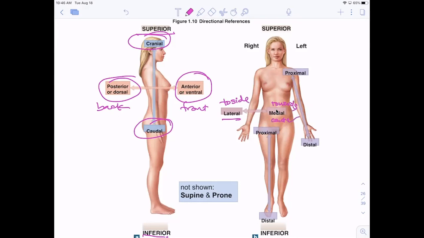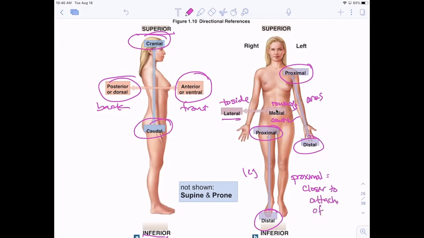When we're talking about arms and legs, we use not superior or inferior, we use proximal, which is closer to the attachment site, or distal, farther away, right? So proximal equals closer to attachment of limb.